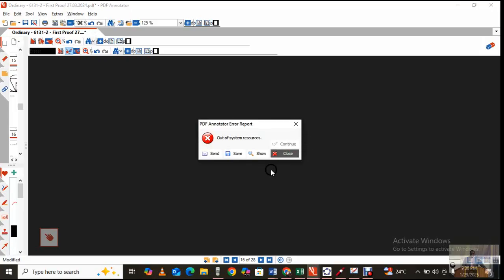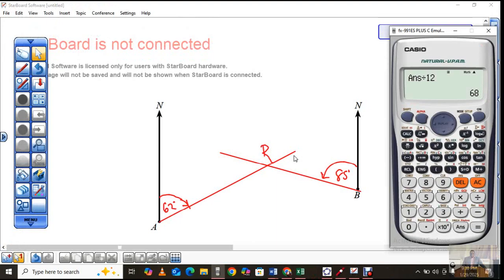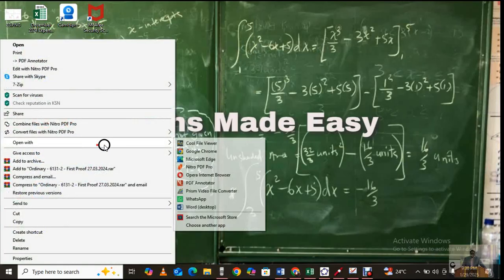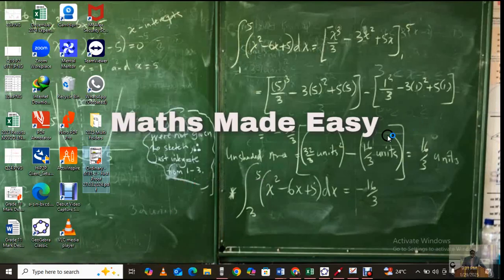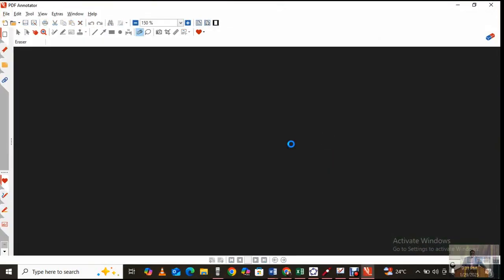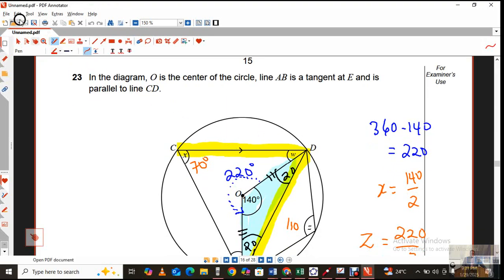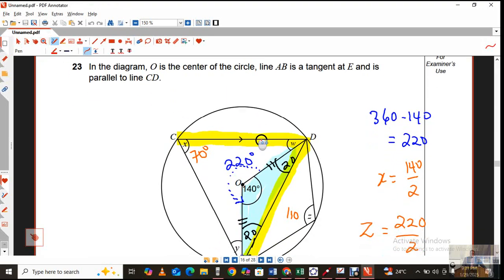I'm going to close it and open up the paper again. If I go to my desktop, the paper is here. I'm going to open it with the PDF annotator, which is software you buy online. I'll just restore, and let us make sure that we save.